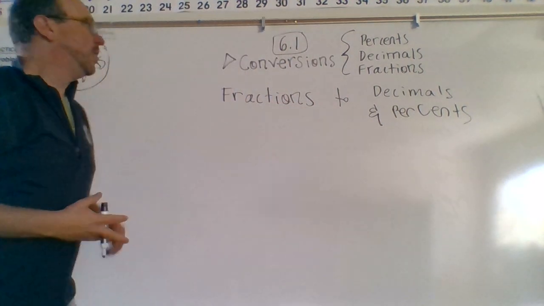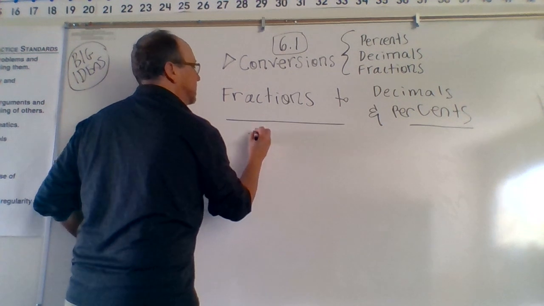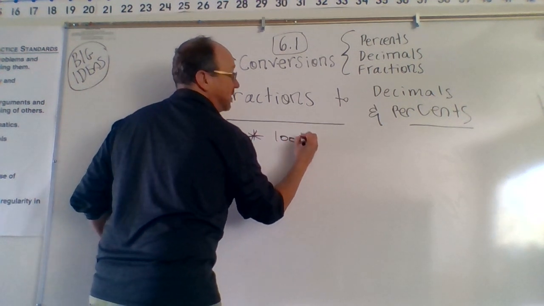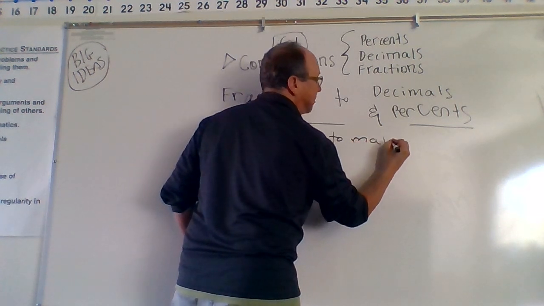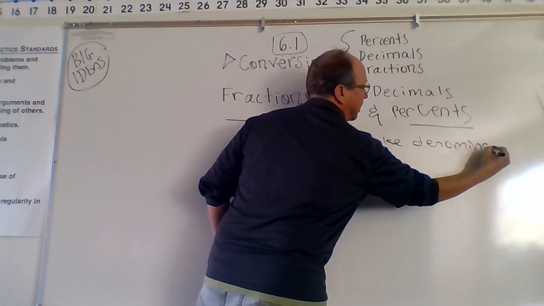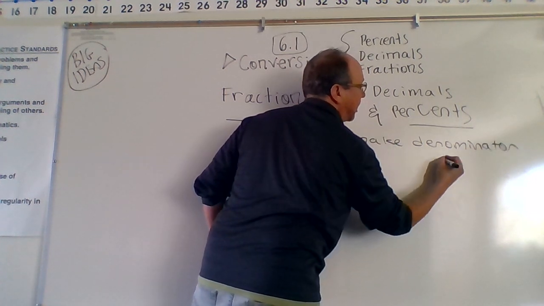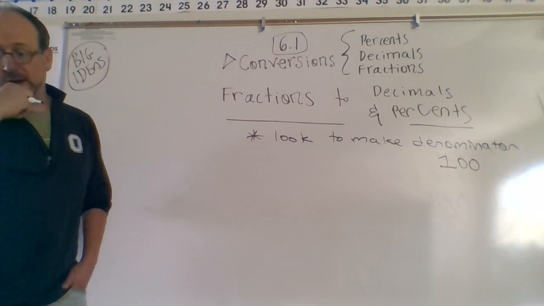Okay, so for this, one thing I'm always going to look to do is look to make the denominator 100 if I can. So look to make the denominator 100.